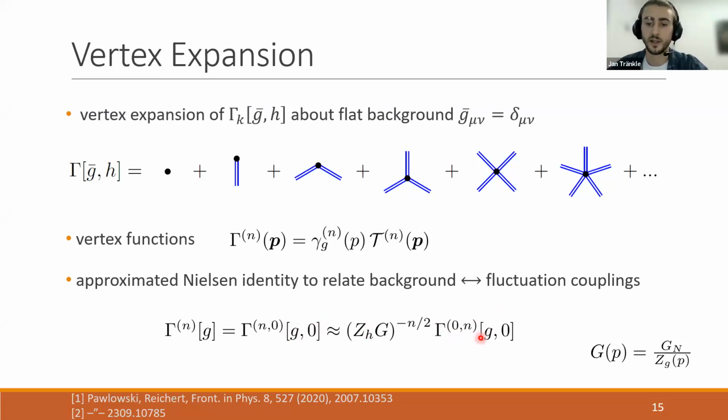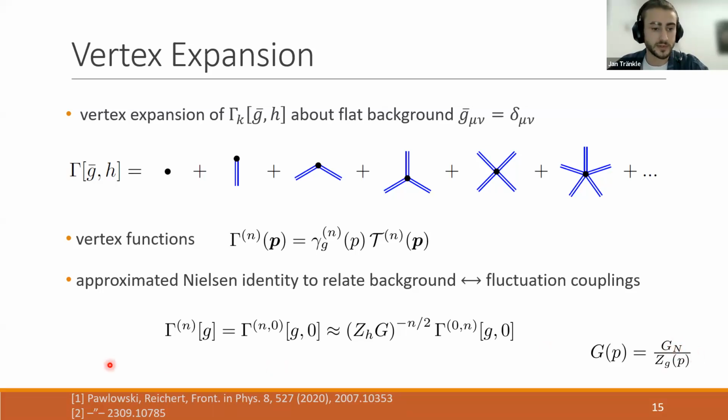And they are related to the fluctuation endpoint functions by this factor of the fluctuation wave function renormalization and this factor g here. And this factor g is defined as the classical Newton constant divided by the background graviton wave function renormalization. So this can be understood basically as a definition of a running or momentum-dependent Newton constant.